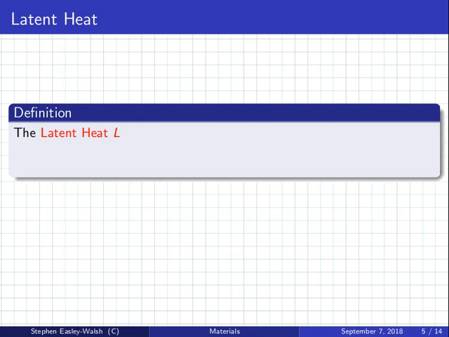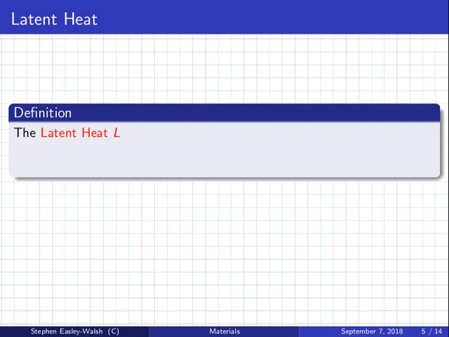So this gives us our concept we call latent heat. This is like the energy you need to change the state. Okay? So, in the graph, which latent heat was bigger? To change it from solid to liquid, or to change it from liquid to gas? Liquid to gas, okay.